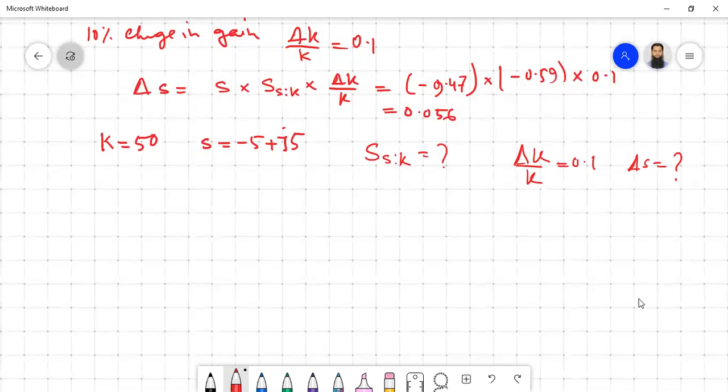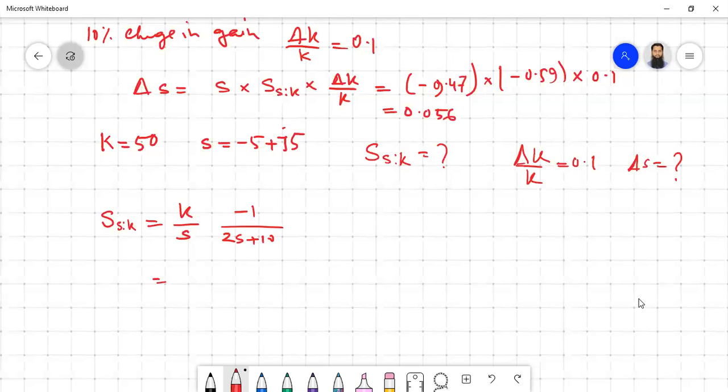Okay, so let us start with the sensitivity first, S with respect to K. It is K by S times the formula that we derived previously, minus 1 over twice S plus 10.